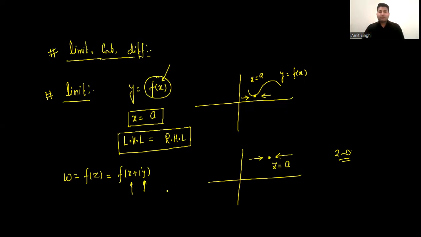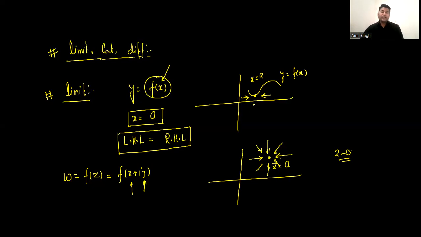But here we have a two-dimensional function, so we can move in any two-dimensional way. When I approach from the left, right, top, bottom, vertically, horizontally, there are infinitely many paths to approach the point z equals a.